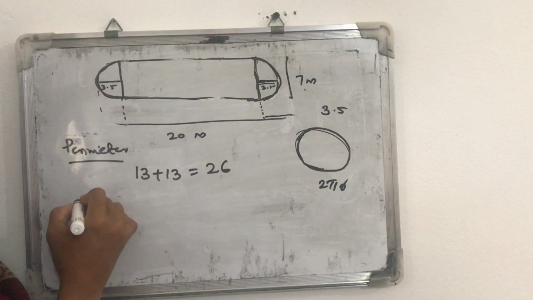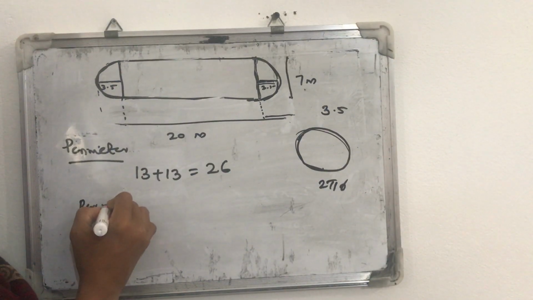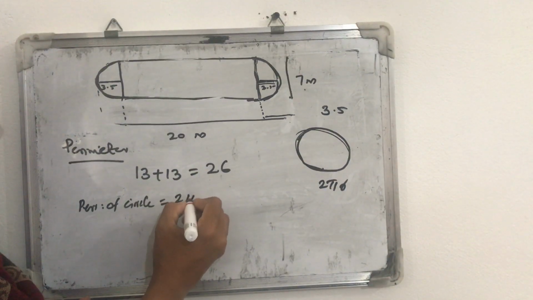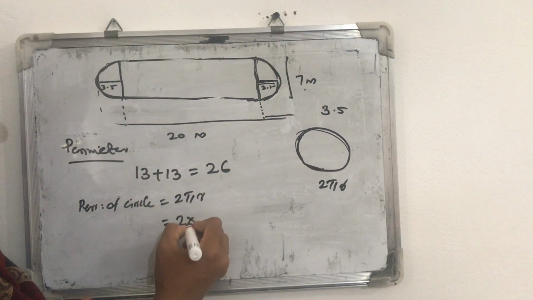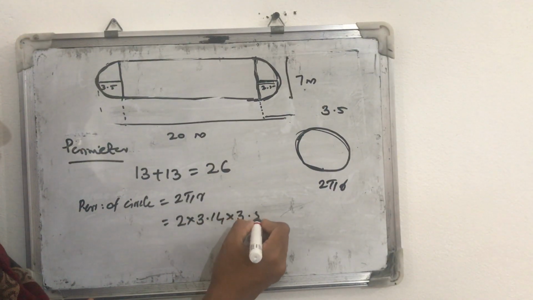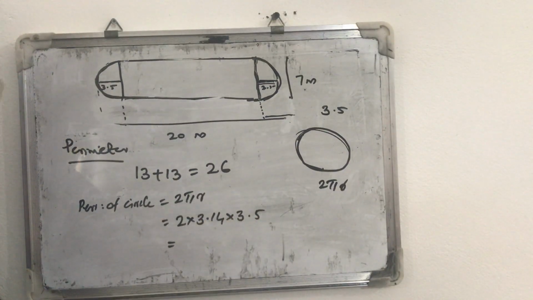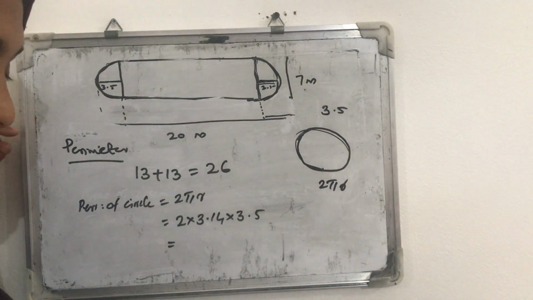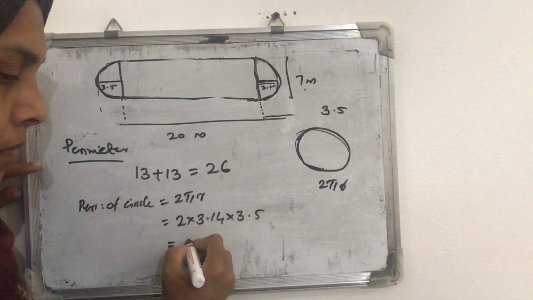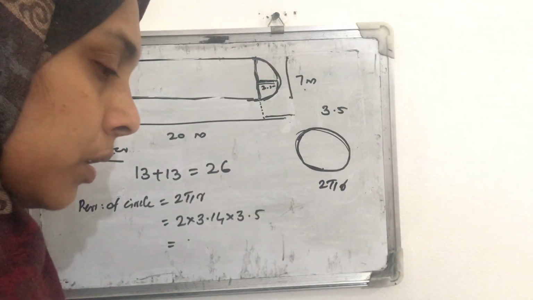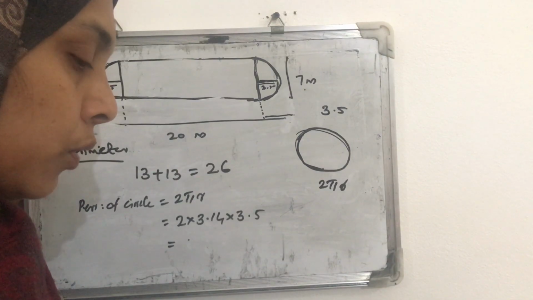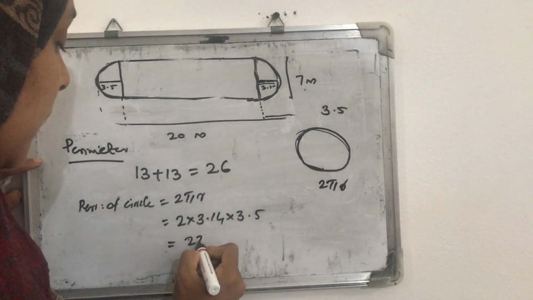So the perimeter of the circle equals 2 pi r, that is 2 into 22 by 7 into 3.5, and by calculation you will get 22.